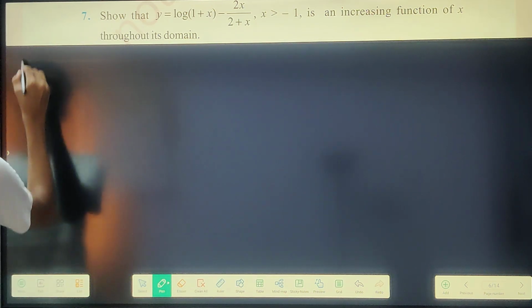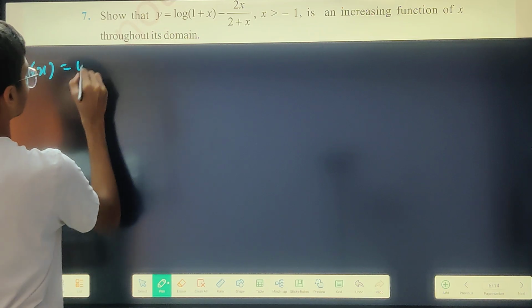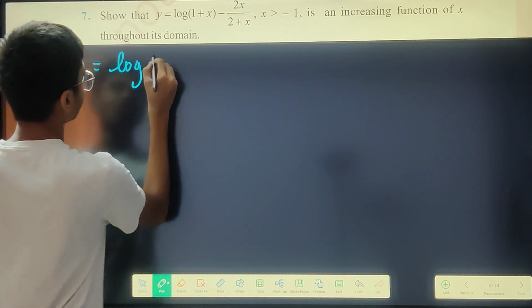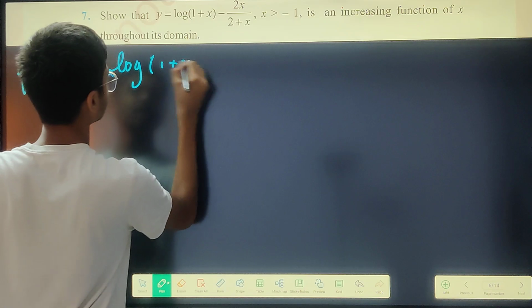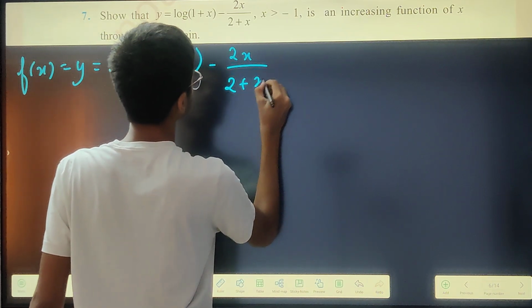So what is our f of x? Our f of x is equal to log of 1 plus x minus 2x by 2 plus x.